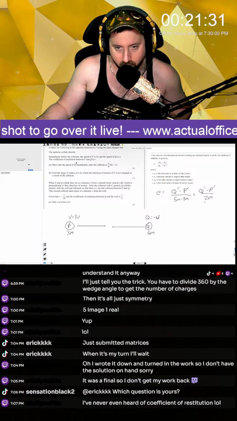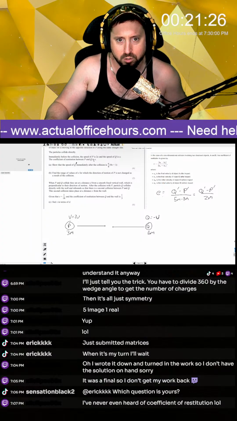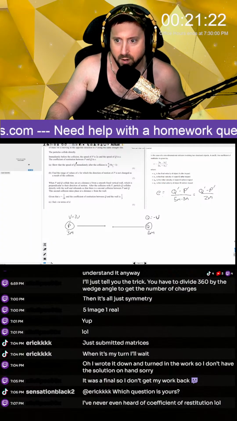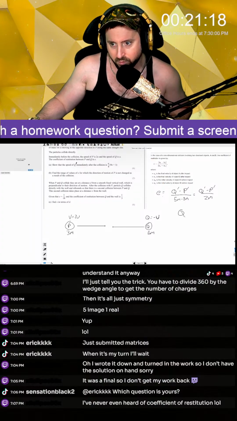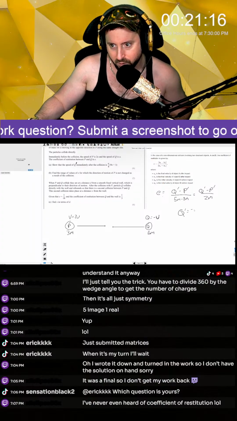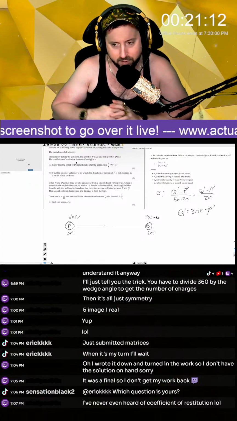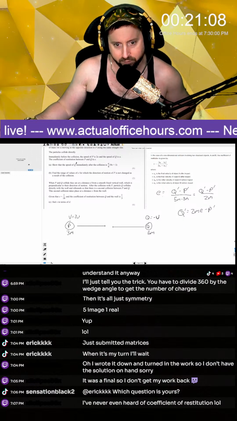Cool. All right. They're calling the coefficient of restitution E, and I'm solving for Q prime. So I'll say Q prime is equal to 2mE minus P prime. Okay, so I just have to find the velocity afterwards.